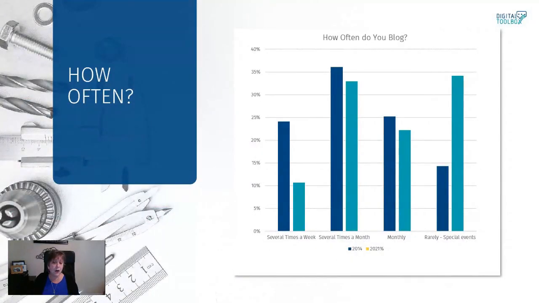And the question I always get asked is, how often? We actually have asked business owners this question over more than 10 years of studying small business owners. And what we have found is that recently there's been a real decline. Fewer and fewer business owners are writing. Well, I don't know anybody who writes every day anymore.